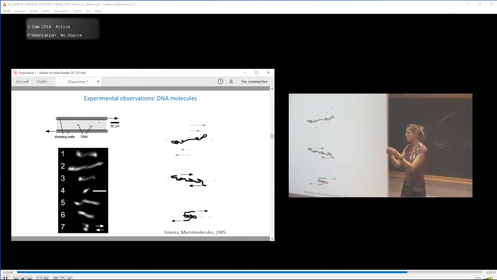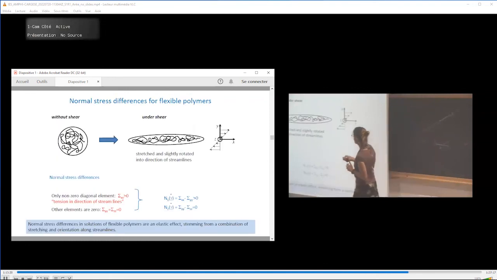And this is what creates this tension along the flow lines. It's like having a small spring that is stretched along the flow line, but the spring wants to come back, and this creates the tension. That's what I tried to show on this sketch here. I stretch them mostly along this line. And now it starts to make sense what these normal stress differences are, because now I can look at the different contributions: sigma xx, sigma yy, and sigma zz.